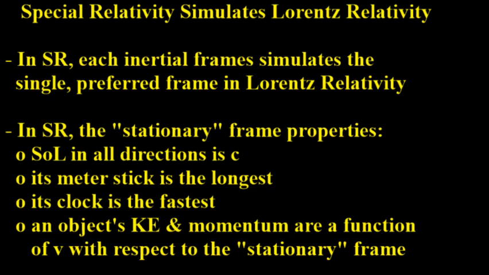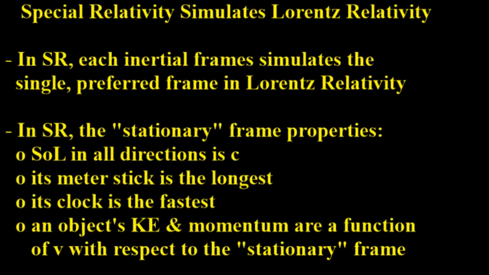So, in special relativity, the stationary frame simulates being the single preferred frame in Lorentz relativity. And it does that by saying that you assume that the speed of light in all directions in vacuum is c. And that's part of your physical model.